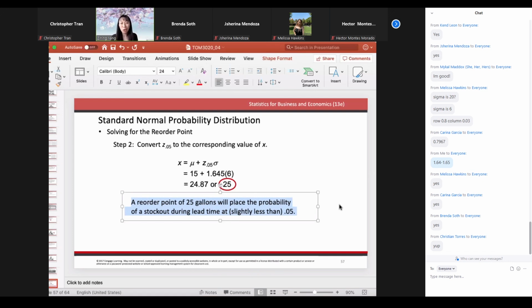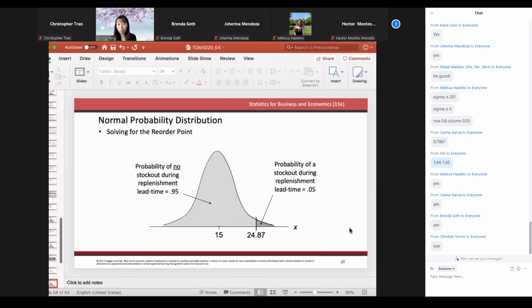Now the question is, what does this number mean? It is the exact reorder point. It means a reorder point of 25 gallons will change the probability of a stock out to be only 0.05. That's this area. So only 5%.